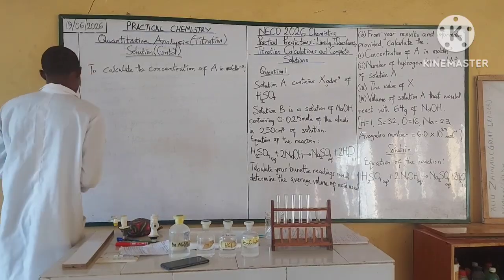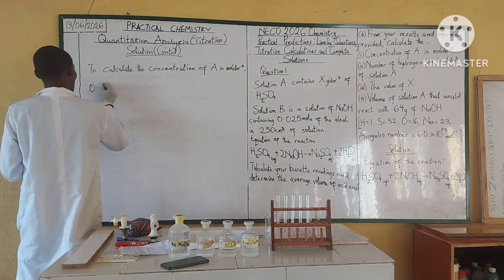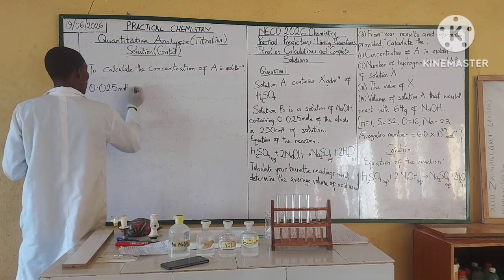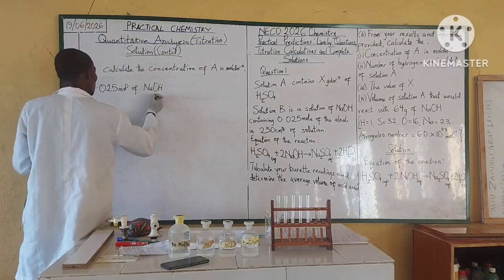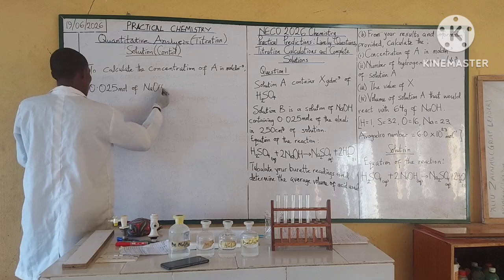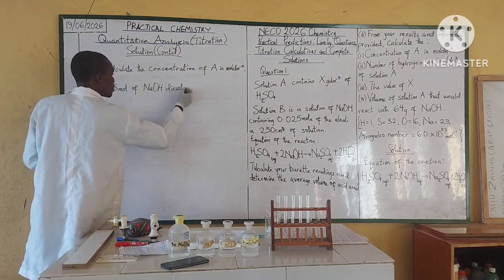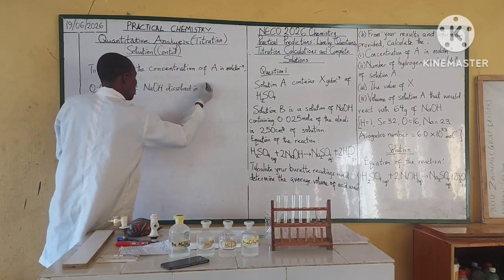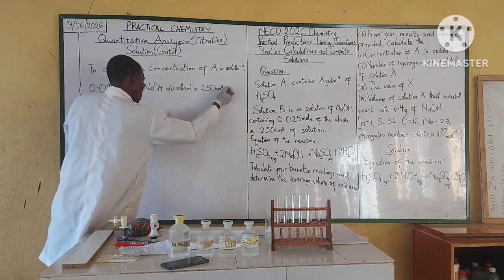Therefore, we say 0.025 mole of NaOH is dissolved in 250 cm3 of solution.